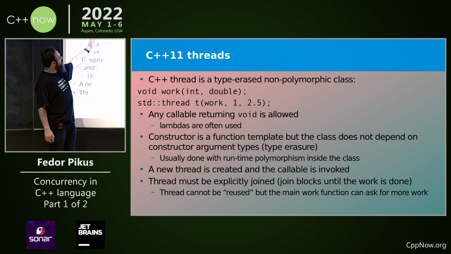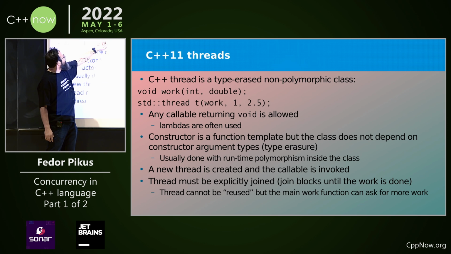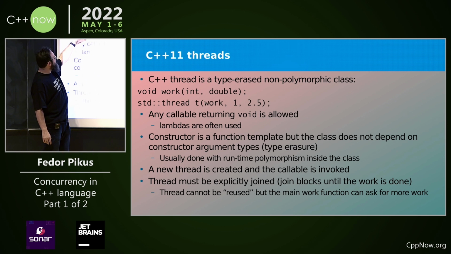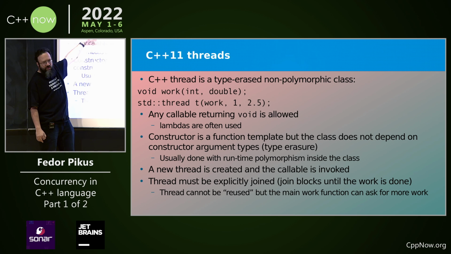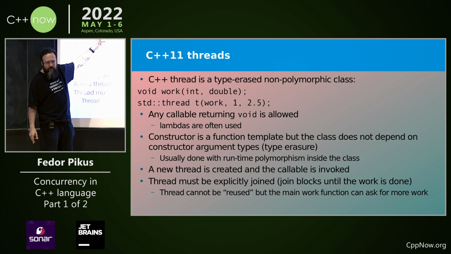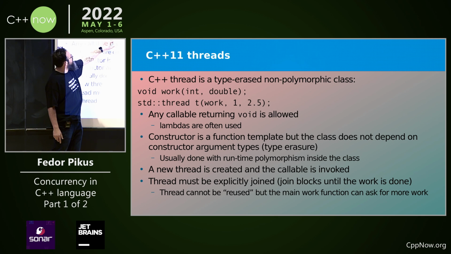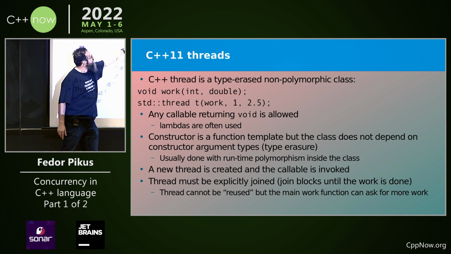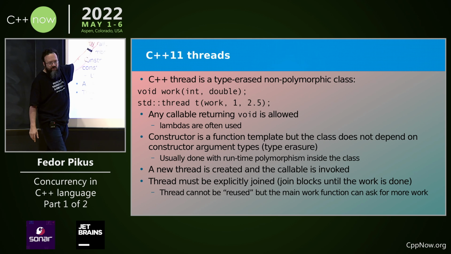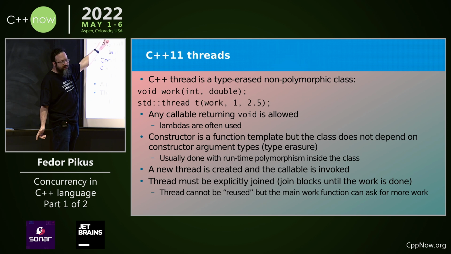It's basically a type erased thing. You give it a function pointer, you give it the arguments, and it's an object. The constructor is a template. The object itself is not a template, so there is type erasure going on inside. When the object is created, this callable is invoked with these arguments, creates a separate thread, and runs.